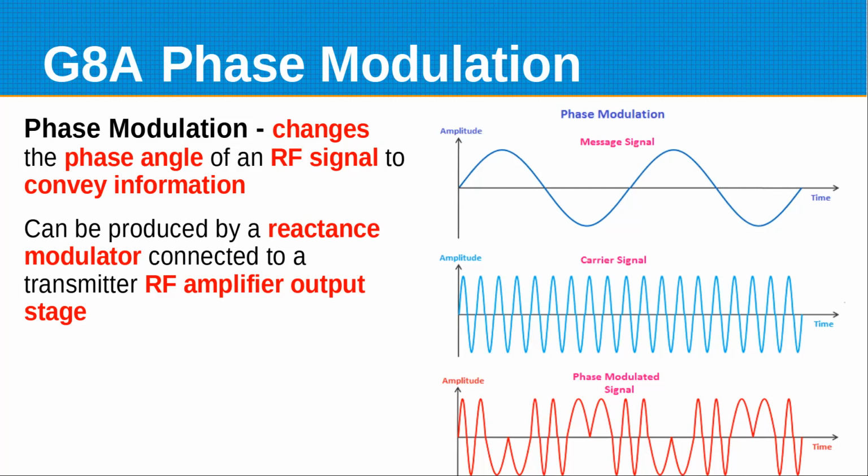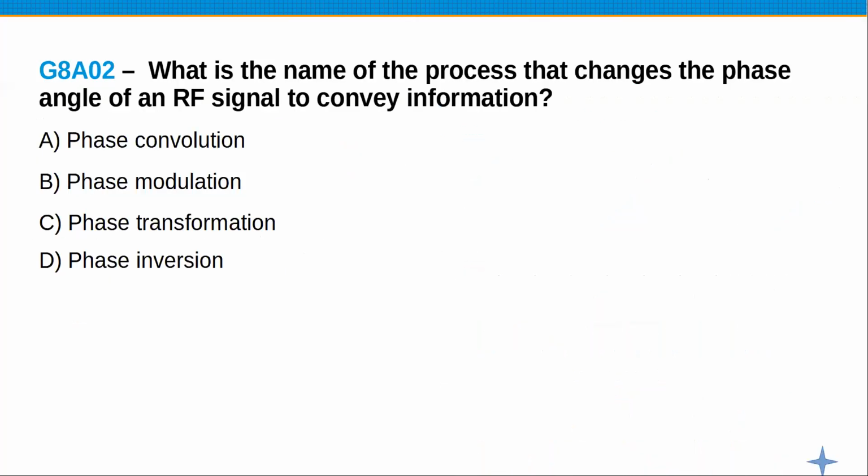So that gives you a varying either phase or frequency change with the input modulating signal. What is the name of the process that changes the phase angle of an RF signal to convey information? Phase modulation.